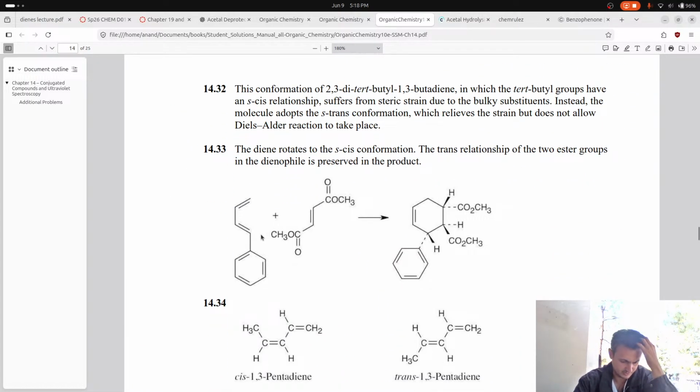Oh, that's actually a better way to draw it. No, but I got it.